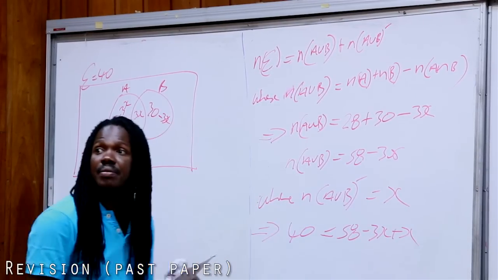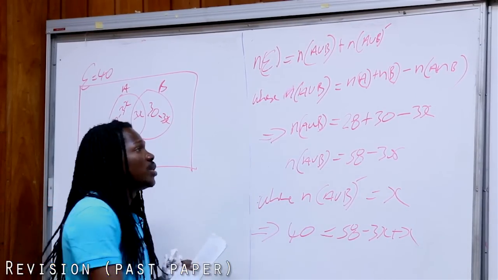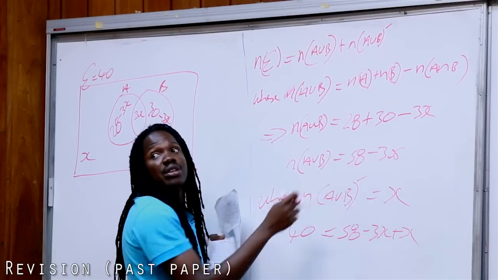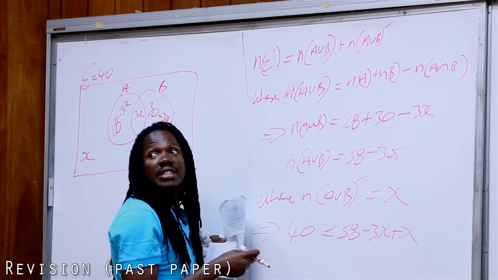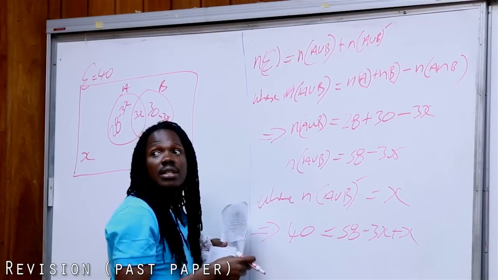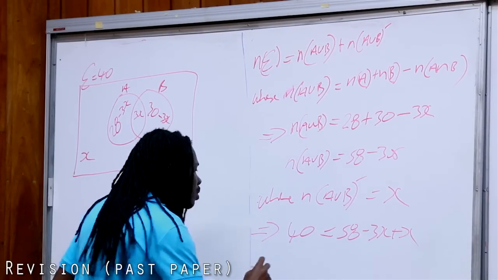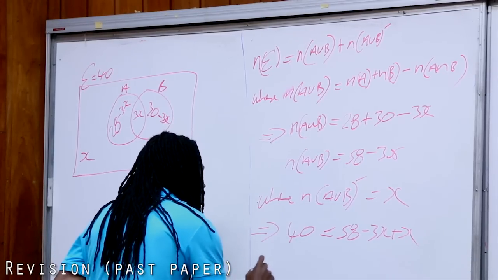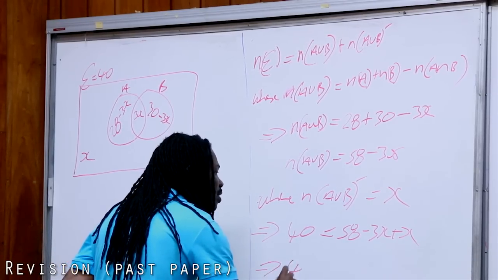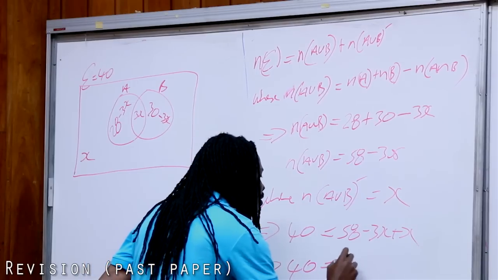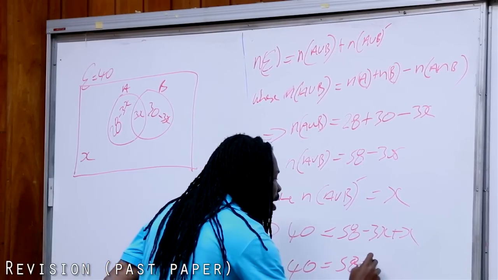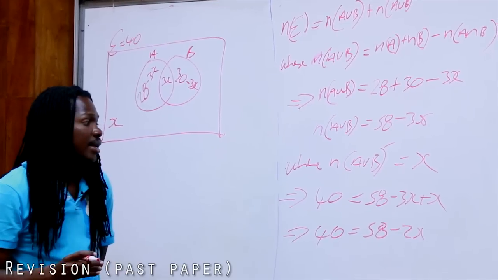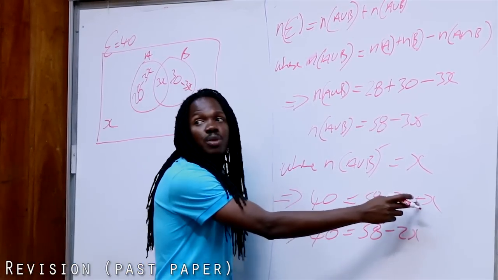Everybody see that? Because A union B complement is x and A union B is 58 minus 3x. You see that? This implies 40 equals 58 minus 2x, since minus 3x plus x.